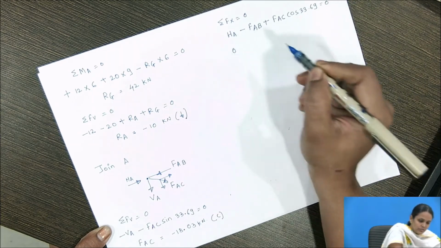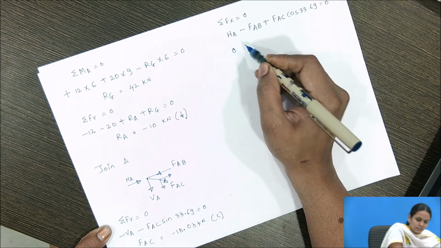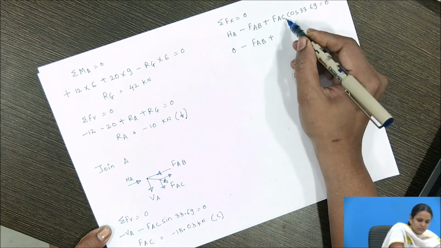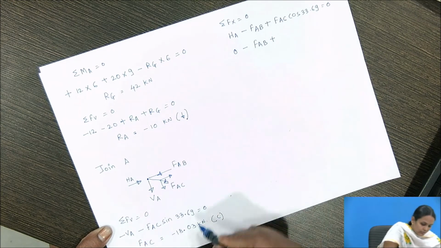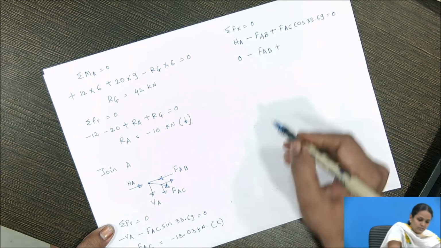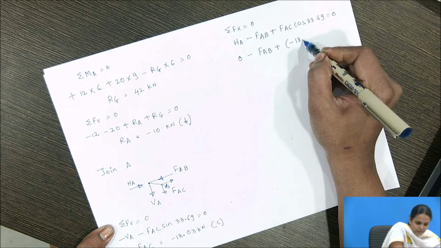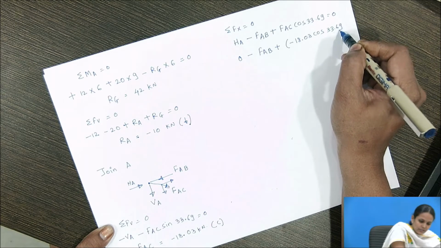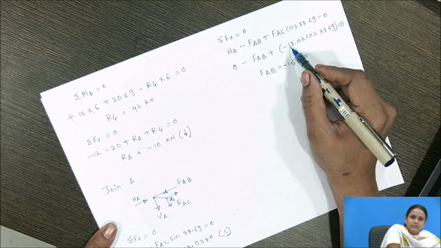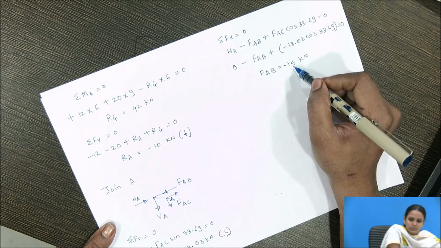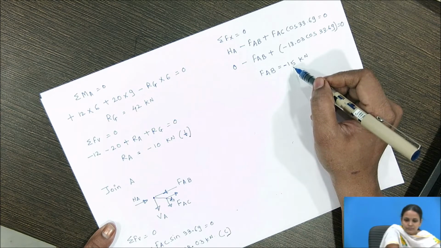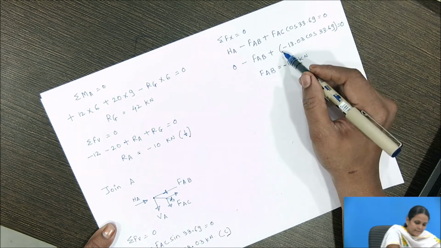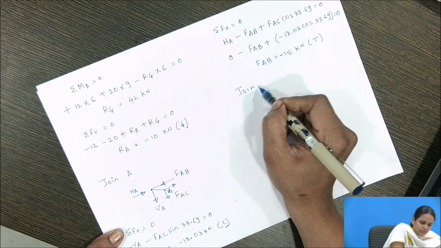HA is the horizontal reaction, it is 0, then minus force in AB, then plus force in AC. Here we got minus 18.03, so we will keep the sign convention. It is cos 33.69 is equal to 0. From this equation you will get force in AB is equal to minus 15 kilonewton.